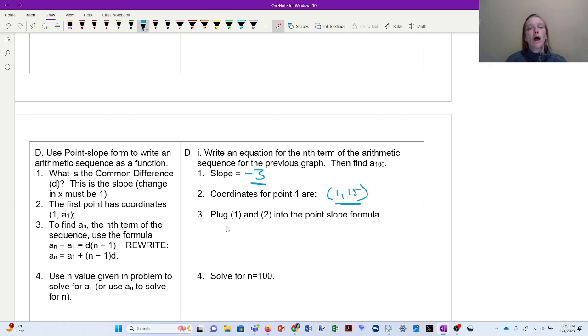So if we do this in point-slope form, we remember y minus y1 equals the slope times x minus x1. And then I would do y minus 15 equals -3 times x minus 1.